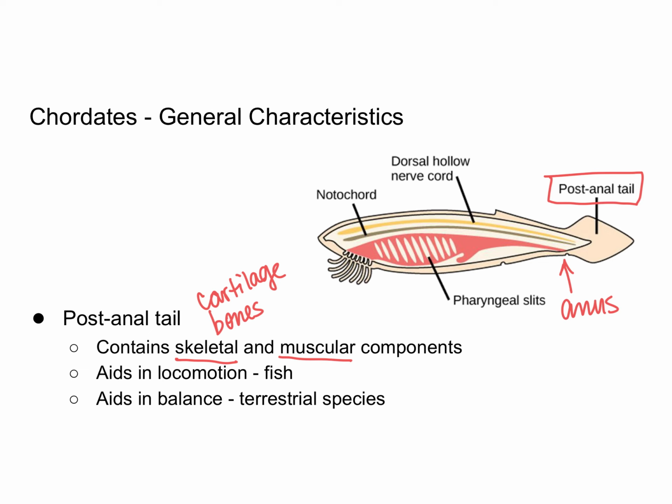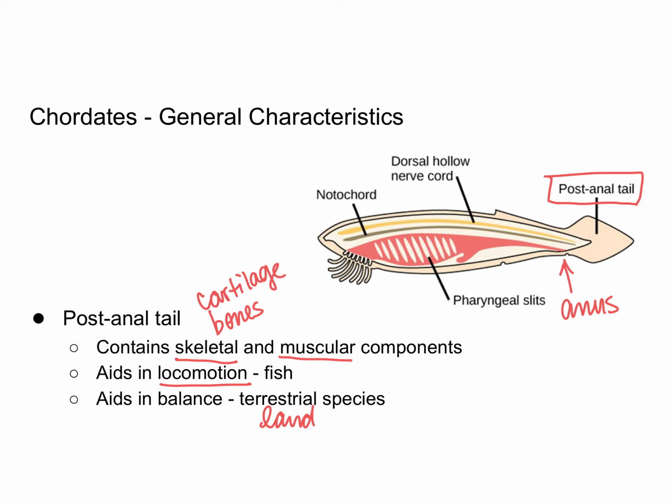And so in fish, it actually helps with swimming. So you're probably familiar with the fin that's at the back of the fish that they can move back and forth in order to swim through the water. In terrestrial species, so these are species that live on land, the tail can aid in balance.